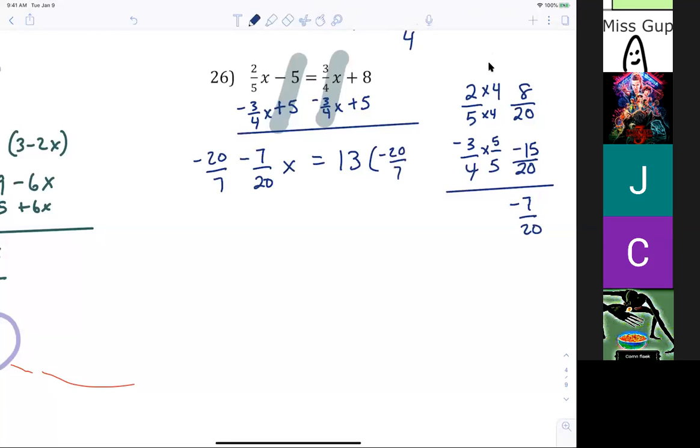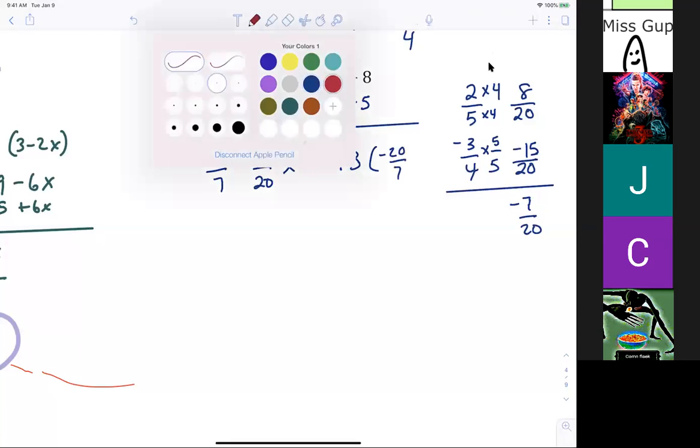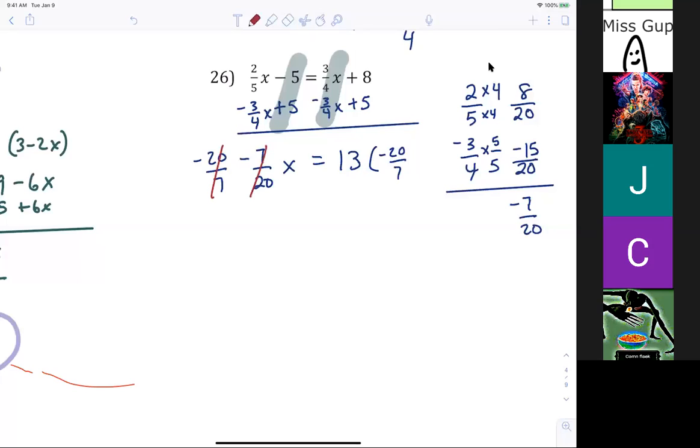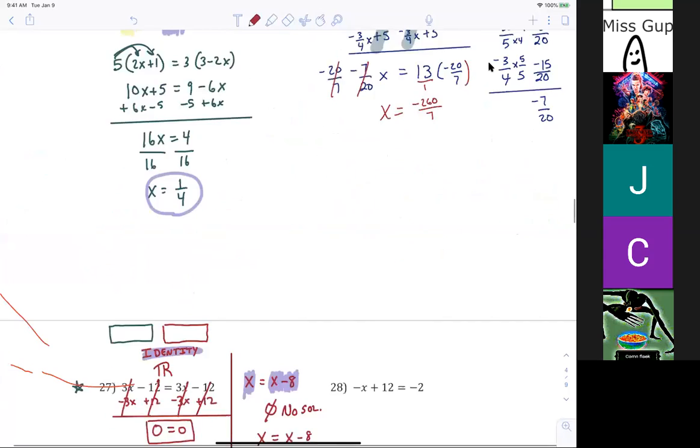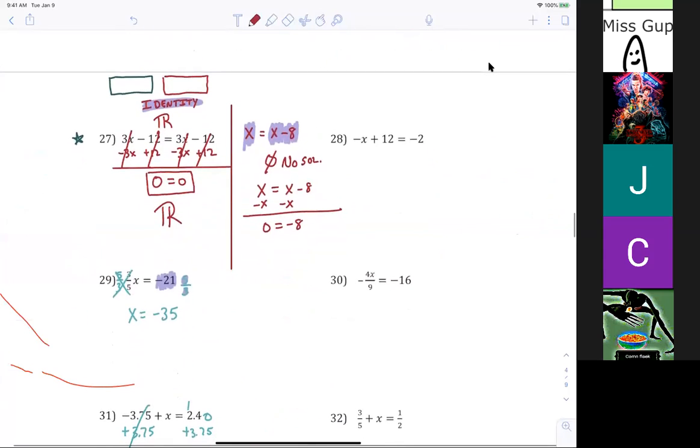Now again, you'll notice these cancel. So x is equal to, nothing reduces, so 13 times 20 is -260 over 7. Remember, that's 13 over 1. Anybody have any issues? All right, here we go.